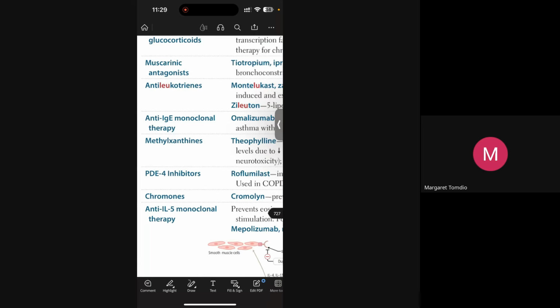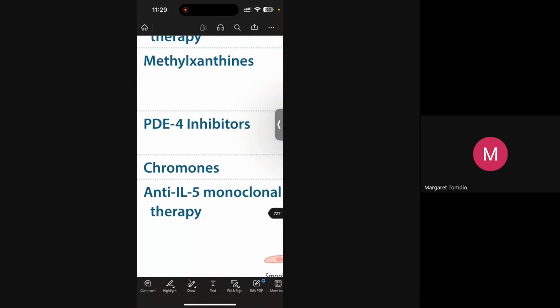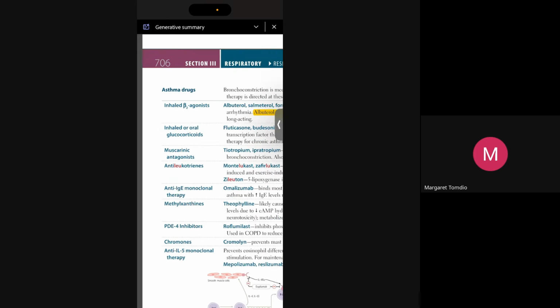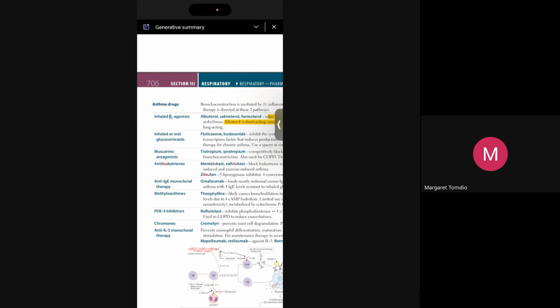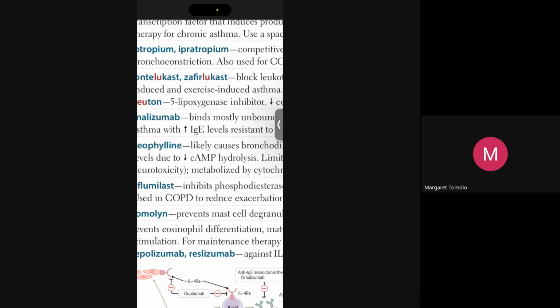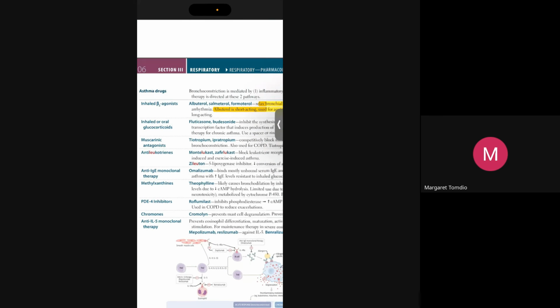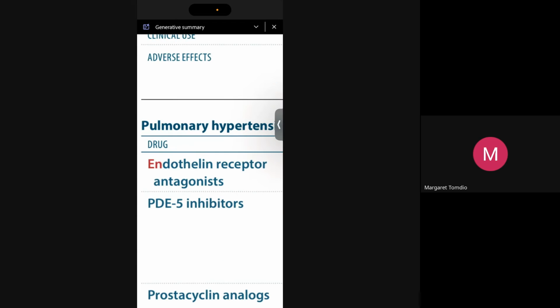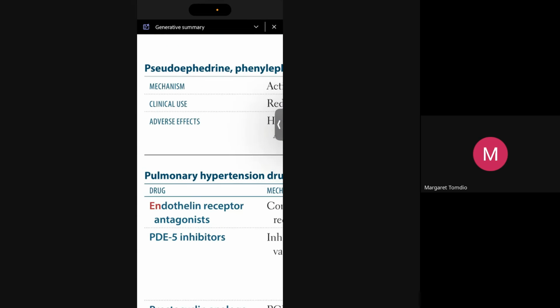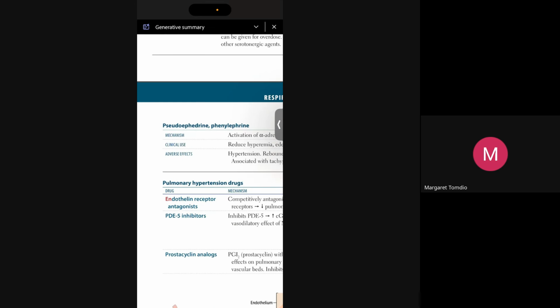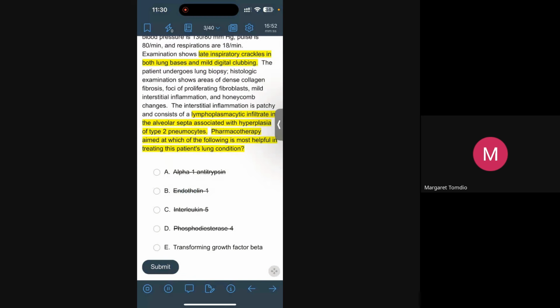PDE4 inhibitors and anti-interleukin 5 monoclonal therapy are asthma drugs. Interleukin 5 is in asthma, and PDE4 can be used in COPD, so none of them are related to idiopathic pulmonary fibrosis. The endothelin receptor antagonist is for pulmonary hypertension, and PDE5 inhibitors are also used in pulmonary hypertension. So the right answer is option E, transforming growth factor beta.